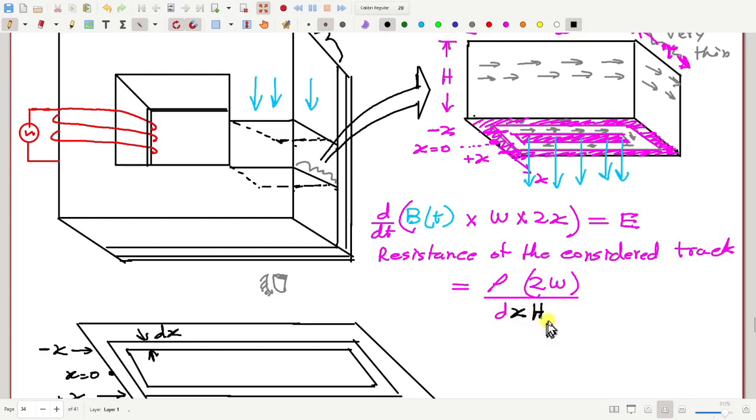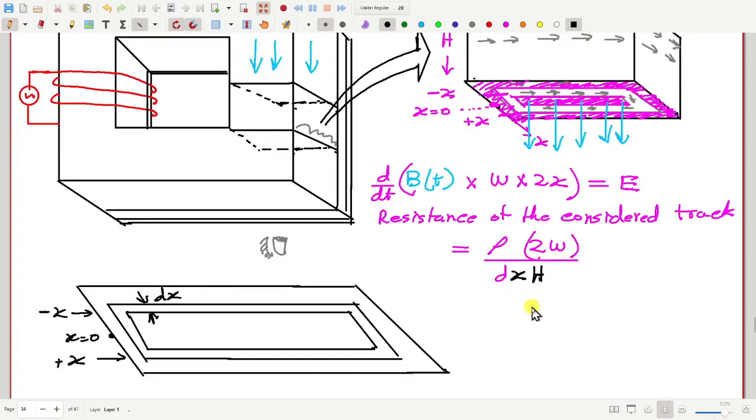Now we have the voltage, we have the resistance. How much is the power loss?